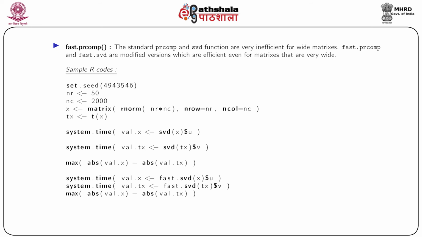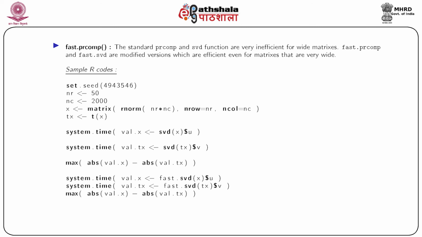Tx is defined as t(X), the transpose of this matrix X. Now system.time will give us the timing using the svd technique of X, giving u, and the system time for Tx will give us the svd based on the transpose of the X matrix, so svd(Tx), and we are looking at the v.